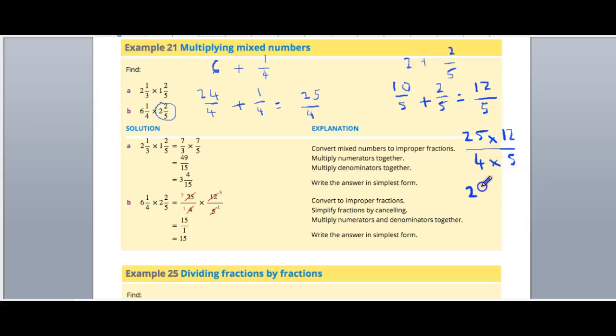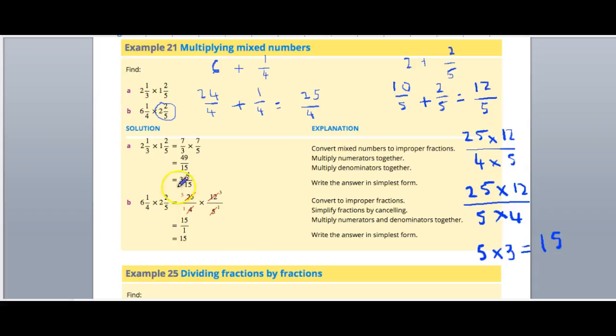So just to make it easier, I'm going to write the bottom in the other way. So the 5 on the left and then 4 on the right, just so we've got the numbers underneath each other. So 25 divided by 5 is 5, and 12 divided by 4 is 3. And we're left with 15.